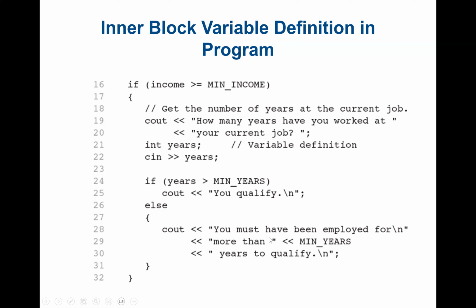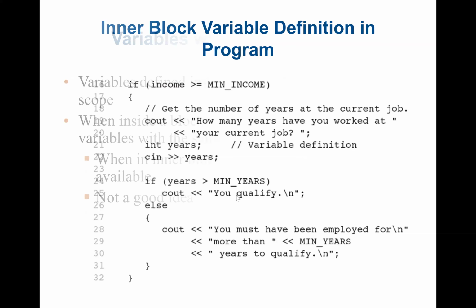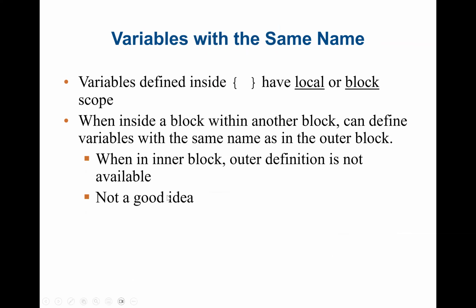But what we're trying to say is that sometimes we can use the variable, like in this case, in a condition or in a specific function, and only that function can see the variable. And that's what we call the local variable. So variables defined inside the braces, or inside a function, have a local or block scope.